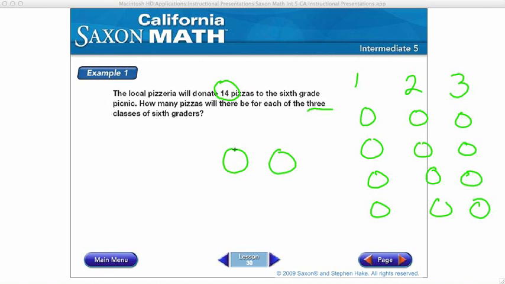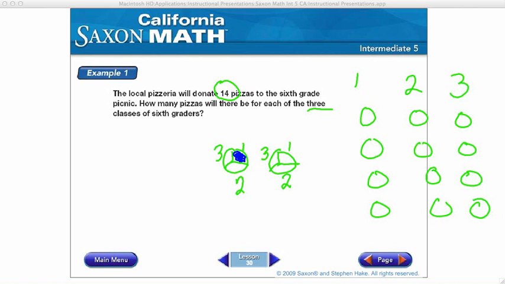So each of these pizzas is going to be split into thirds. So class 1 would get a slice here, 2 here, class 3 here, and again on this pizza, class 1, class 2, class 3.